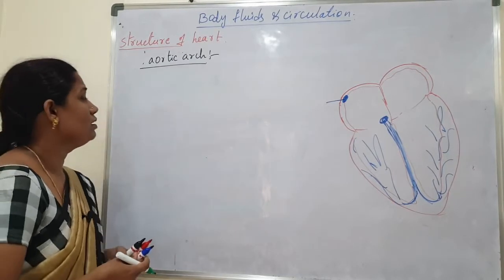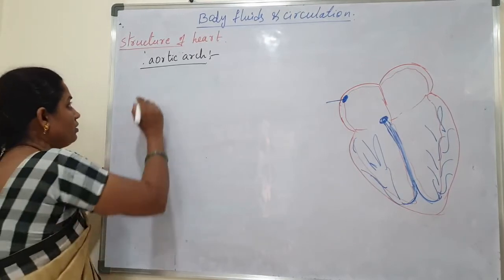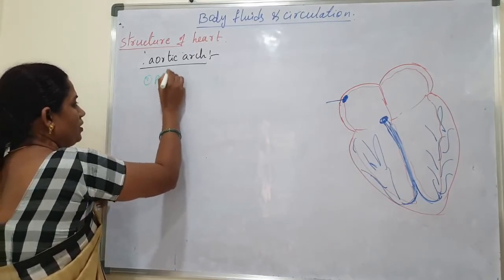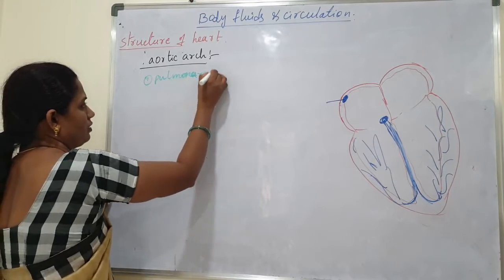Aortic arcs. In the aortic arcs, two arcs are present. The first one is the pulmonary arc.